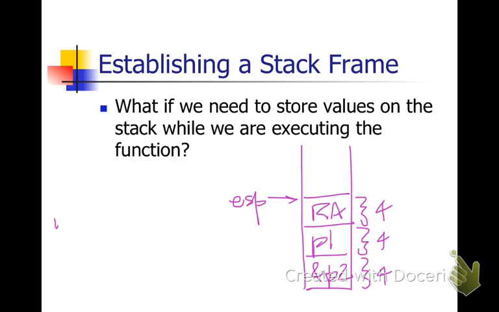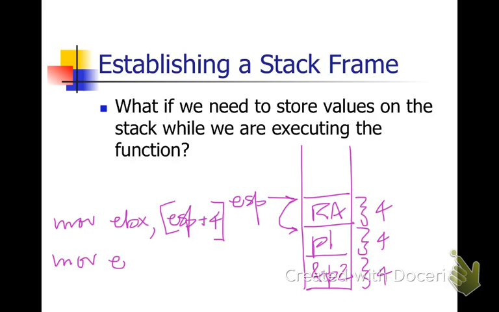So I'd say move into EBX, what is, in this case, 4 bytes away from the stack pointer, and then move into EDX, what is 8 bytes away from the stack pointer. Okay, so EDX will be a pointer to my second parameter. EBX will be the value of my first parameter.